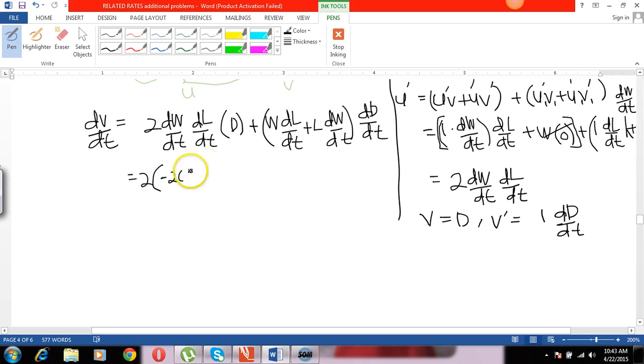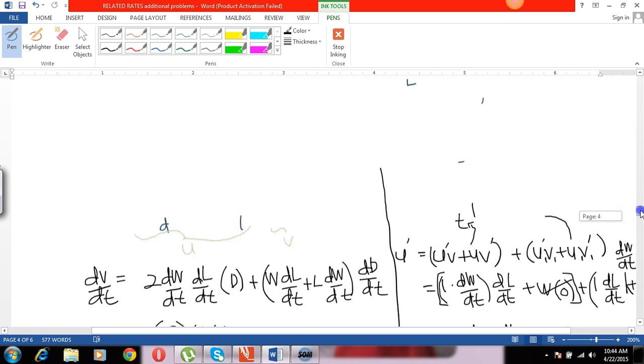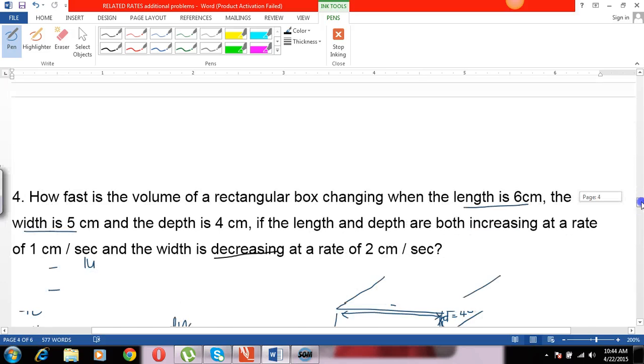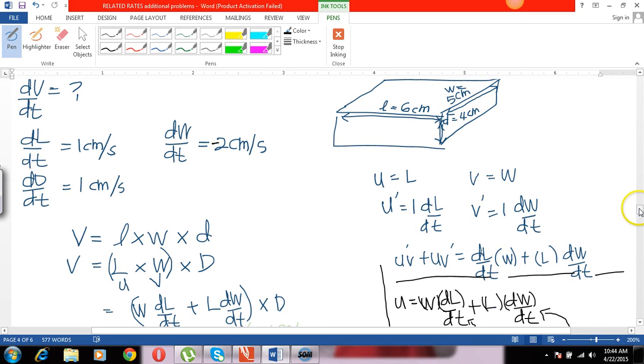We don't put cm or millimeter until the end of the result, then we can put the unit. And then dL over dt equal to 1 and d equal to 4, right? This is 1, this is 4, plus W, the width, equal to 5 cm.